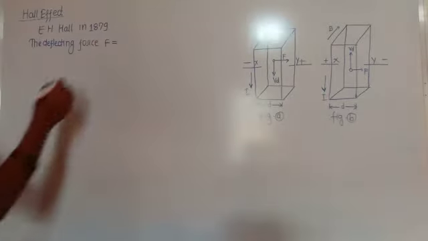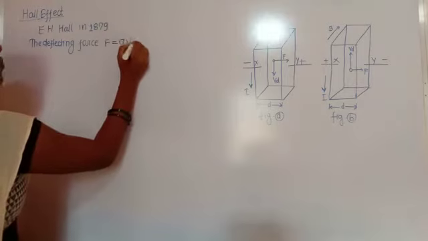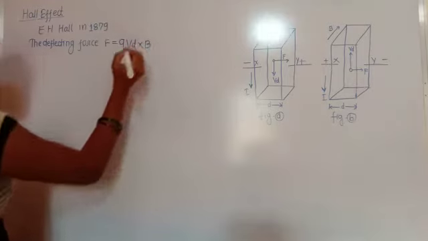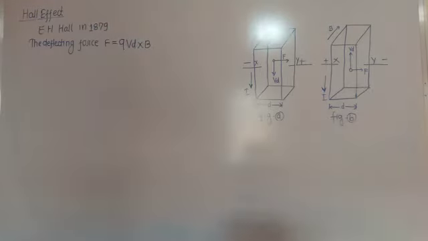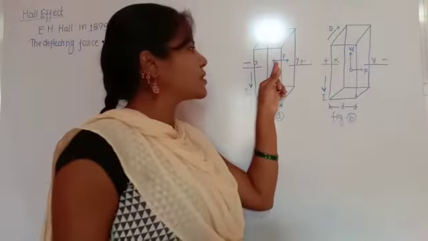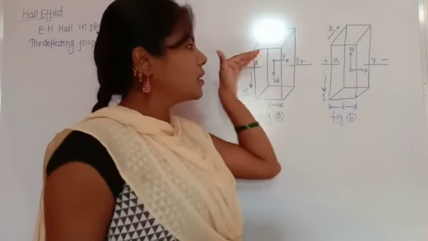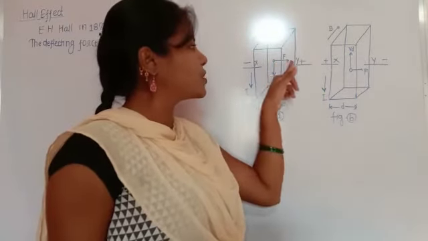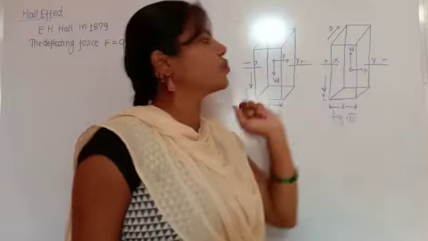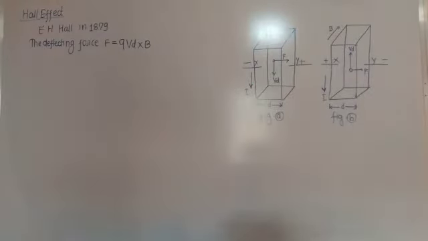We know that F is nothing but Q Vd into B. This is the deflecting force acting on the charge carrier inside the conductor, and this is the direction of the force, to the right-hand side, in both figures. The deflecting force acts on the charge carrier inside the conductor since the drift velocity of the charge carriers and the magnetic induction are at right angle to each other.